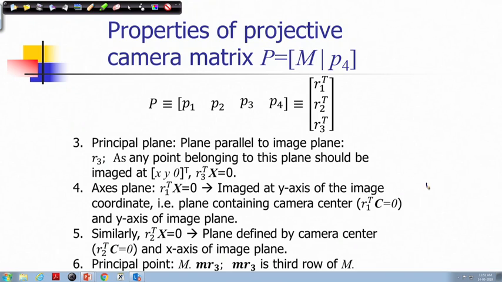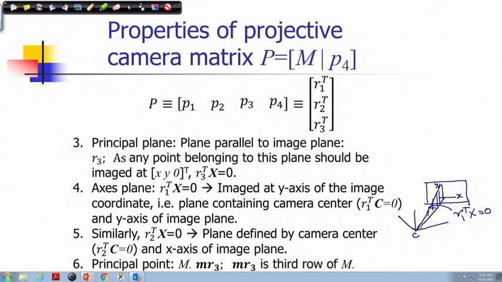Say you consider the image plane, and this is the y axis and this is the x axis, and then you have a camera centric coordinate representation where C is represented. So, it is a plane formed by the y axis and the camera center. Whatever points are lying in that plane will be projected on the y axis. So, this is where the x coordinate will be equal to 0. So, this plane is given by R1 transpose x equal to 0.